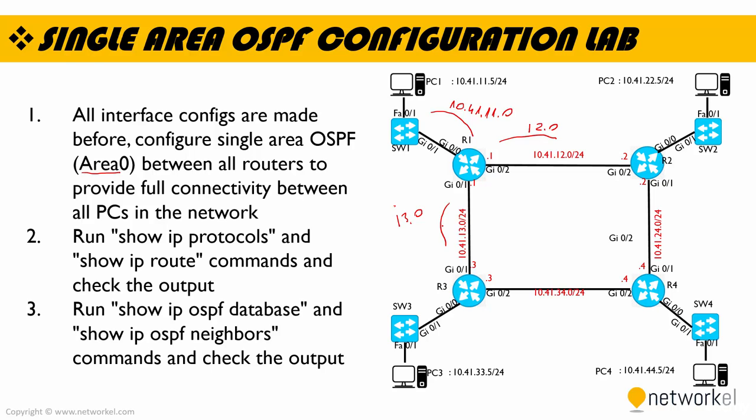But while making OSPF configuration, you don't really need to memorize this. We have a command which shows us which interfaces are related to which networks, and we are gonna advertise those networks.